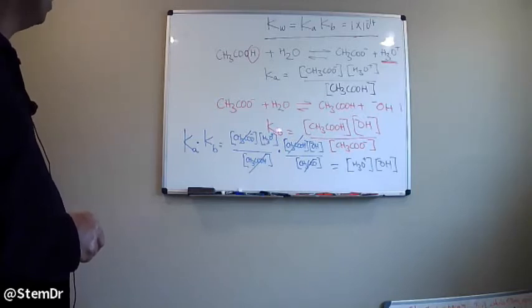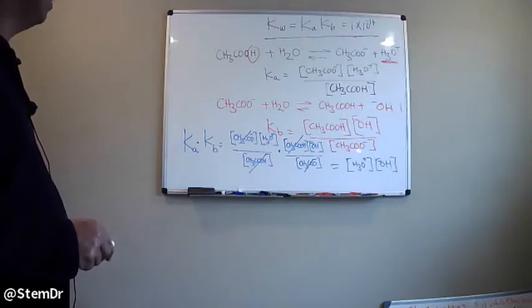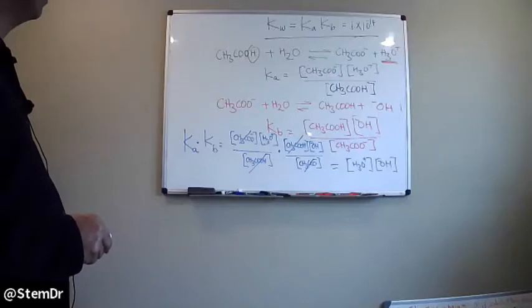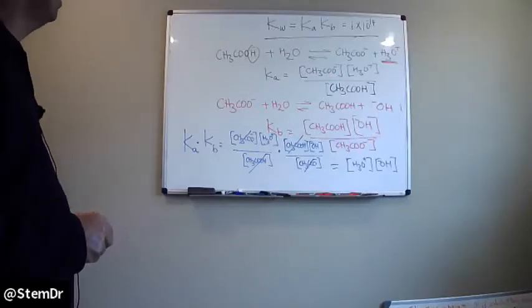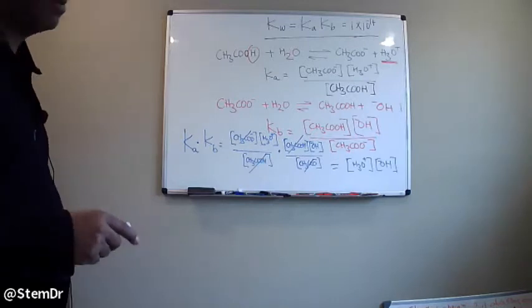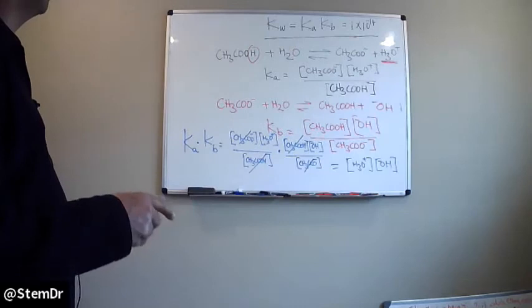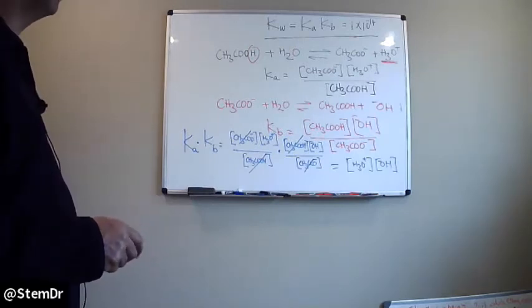That Kb is equal to the acetic acid times the hydroxide ion over the acetate conjugate base. So we have Ka and Kb for the same weak acid in water. So we should be able to write both the acid dissociation, or the base dissociation using the conjugate base.